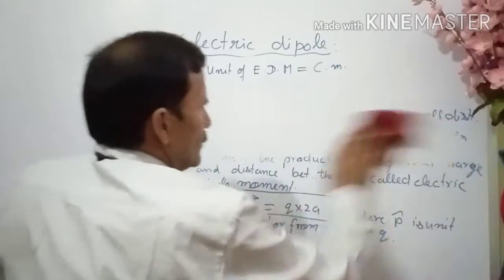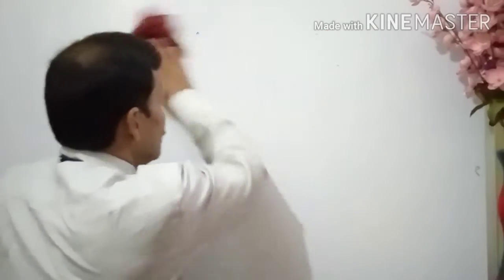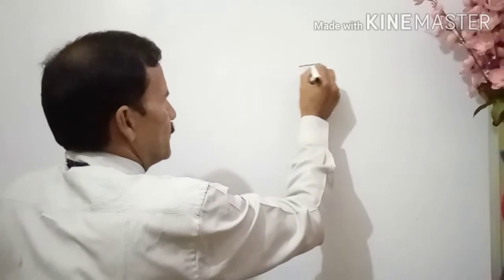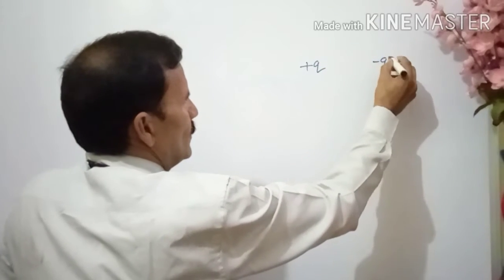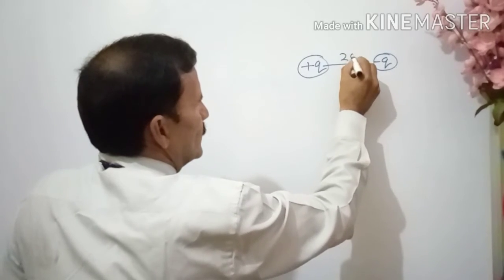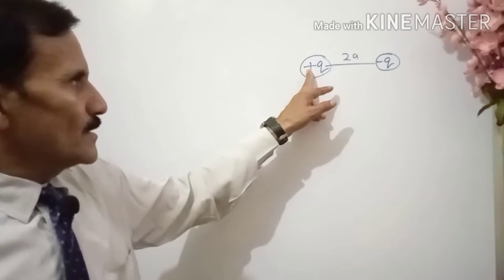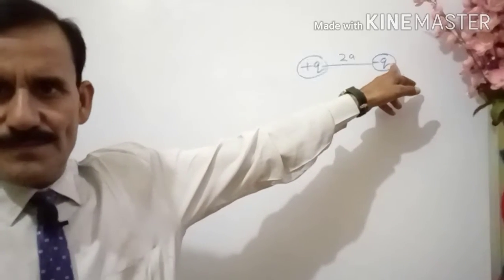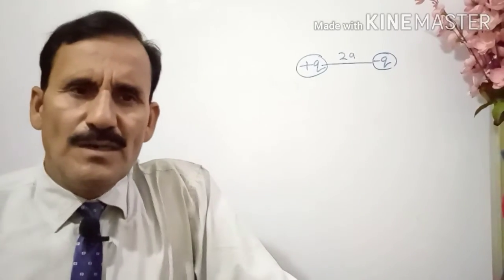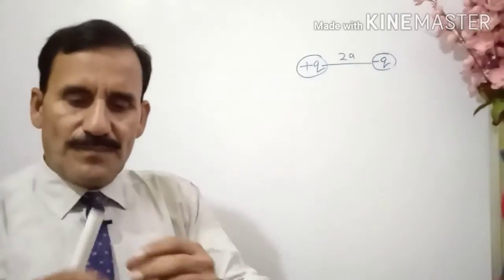Okay. Now, since there are two point charges in an electric dipole, there is always an electric field. Suppose there is an electric dipole, then the point charges are placed at 2a distance, so there is always an electric field. If the electric field of this cancels that, then there is no electric field, otherwise there is always an electric field.